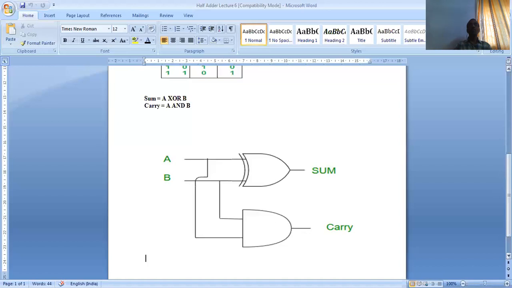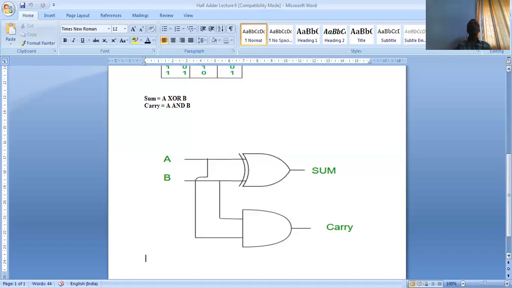In the case of OR gate, the output is like this: 0 plus 0 output 0. 0 plus 1 output 1. 1 plus 0 output 1. 1 plus 1 output 1. But this is not the case of XOR gate.